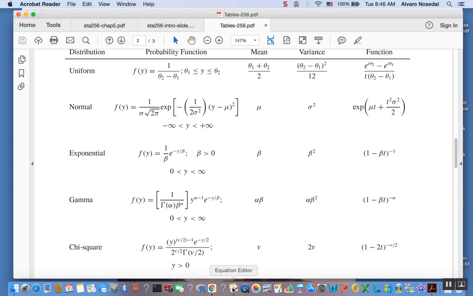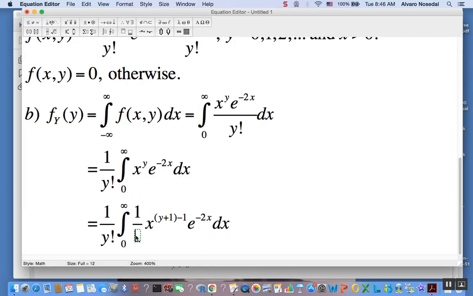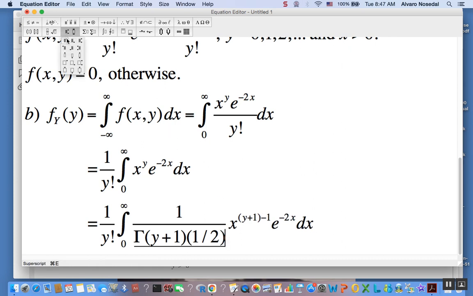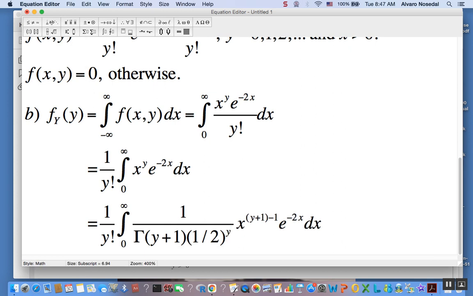Okay? So in this case, alpha, as you can see from what we did, is going to be y plus 1. Beta is going to be 1/2, and since alpha is y plus 1, that is the exponent that we need here.